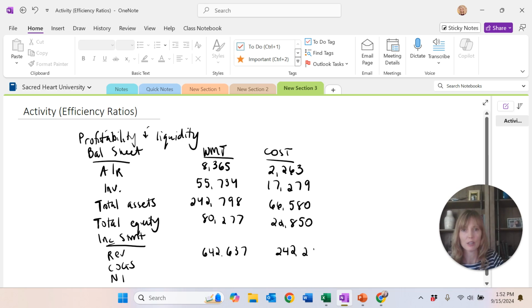But does it compensate for how much? Does the amount of income compensate for how much bigger the company is? We need some ratios to help us understand that. Okay, so initially I see that net income is a little more than twice as much, even though assets were about 4 times as great.